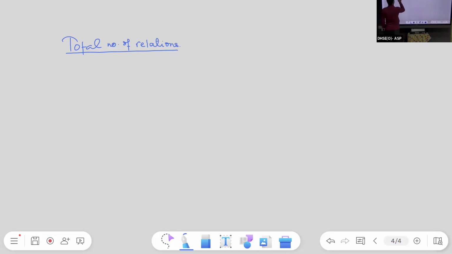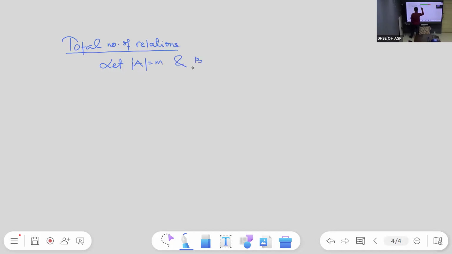Let the cardinality of set A, that means the number of elements in set A, be equal to m, and the number of elements in set B be equal to n.